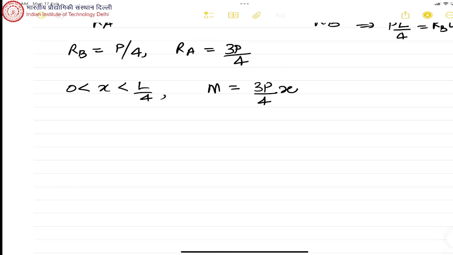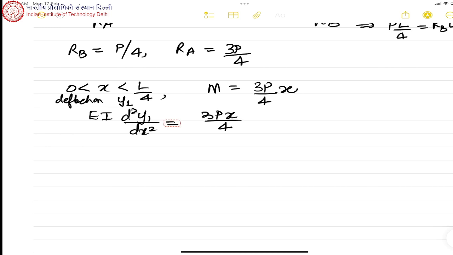So therefore, let's say the deflection in this zone is y1. So I get EI d2y1 by dx square is equal to 3Px by 4.